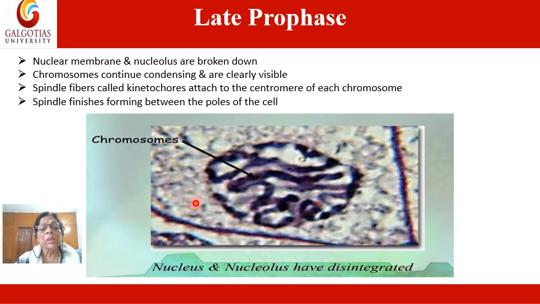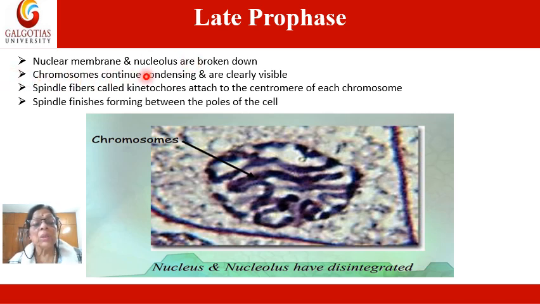Now, this microscopic slide shows the structure of the nucleus in late prophase. So, the nuclear membrane and nucleolus are broken down. The nuclear membrane which surrounds the nucleus disintegrates, and the nucleolus also breaks down.